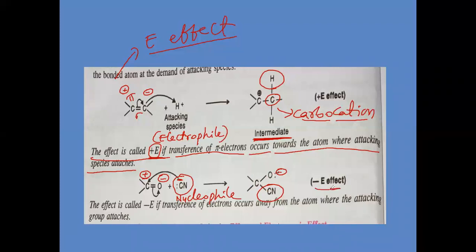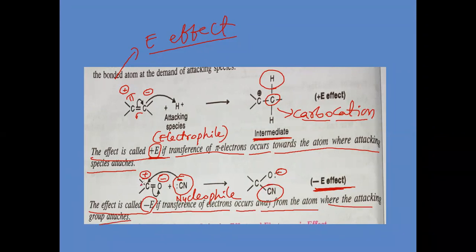So this is the minus E effect. In this effect, what is happening? The effect is called minus E, meaning negative electromagnetic effect, if transference of electrons occurs away from the atom where the attacking group attaches.